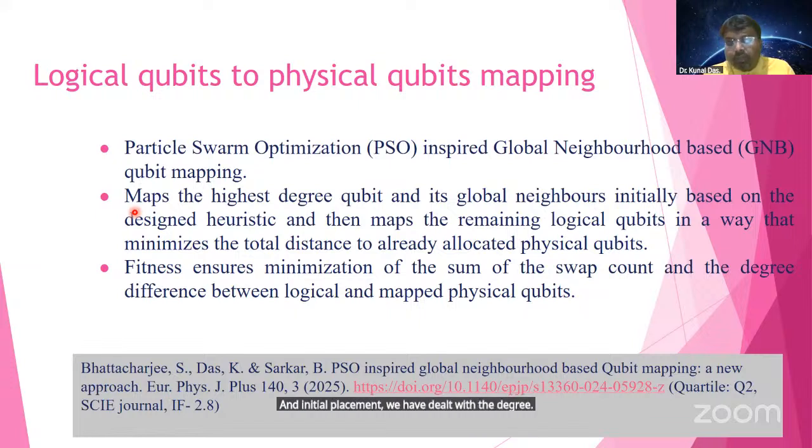So together we get the highest reduction in swap count, and in that case the fitness function we have defined, and this fitness function is based on degree. Okay.